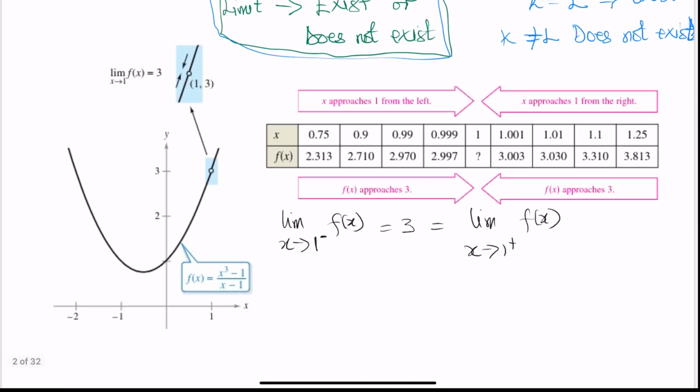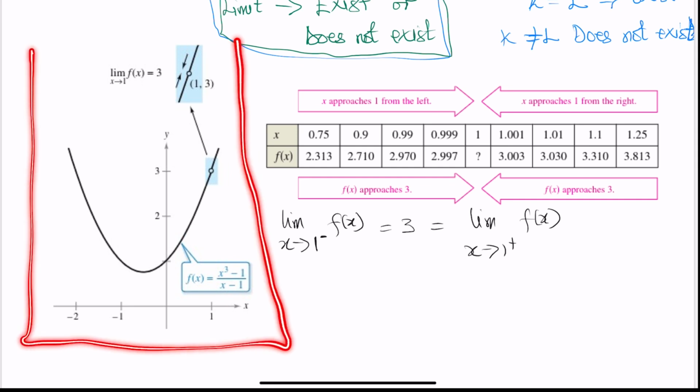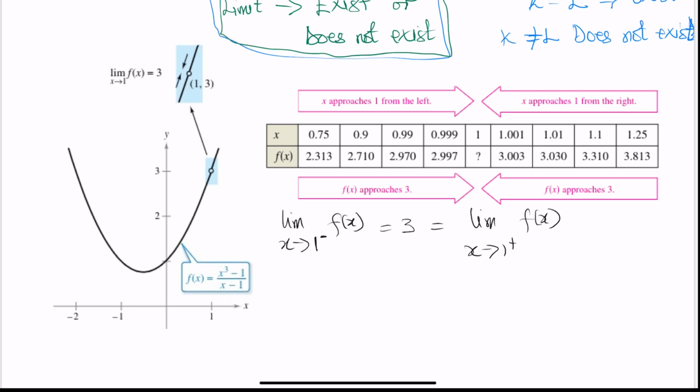Now let's look at the graphical approach. With the graphical approach, it's pretty simple. We have the graph of the function f of x that we want to find the limit of as x approaches 1. And clearly you can see that there is a hole at this point. The hole here tells us that the value at x equals 1 is undefined.